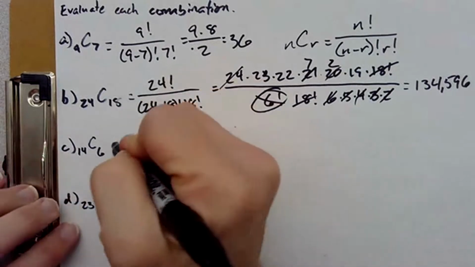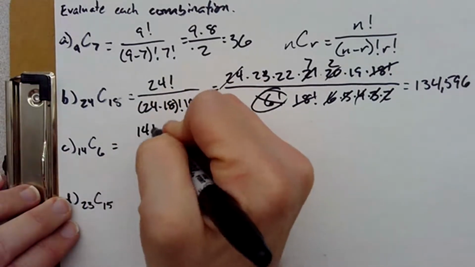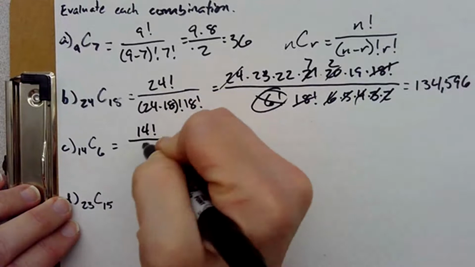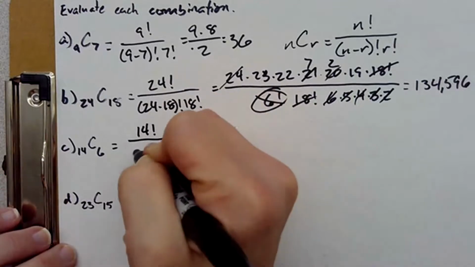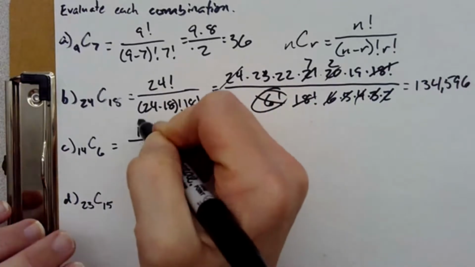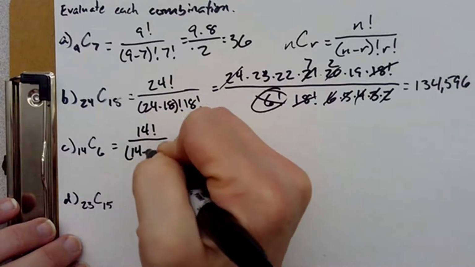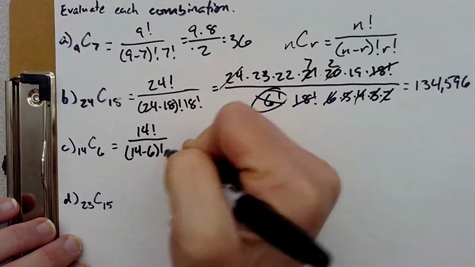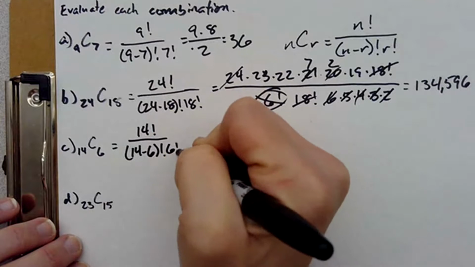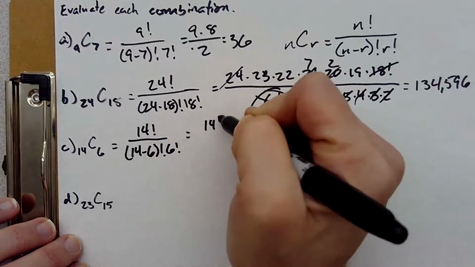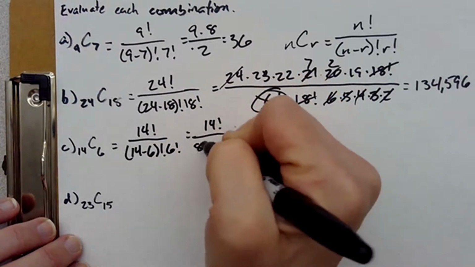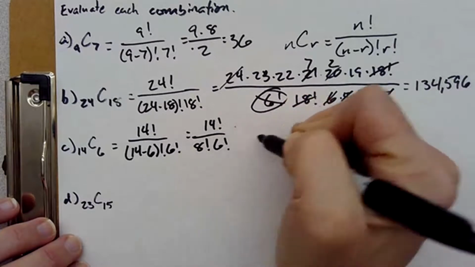14 choose 6 is 14 factorial over 14 minus 6 factorial times 6 factorial, which is 14 factorial over 8 factorial times 6 factorial.